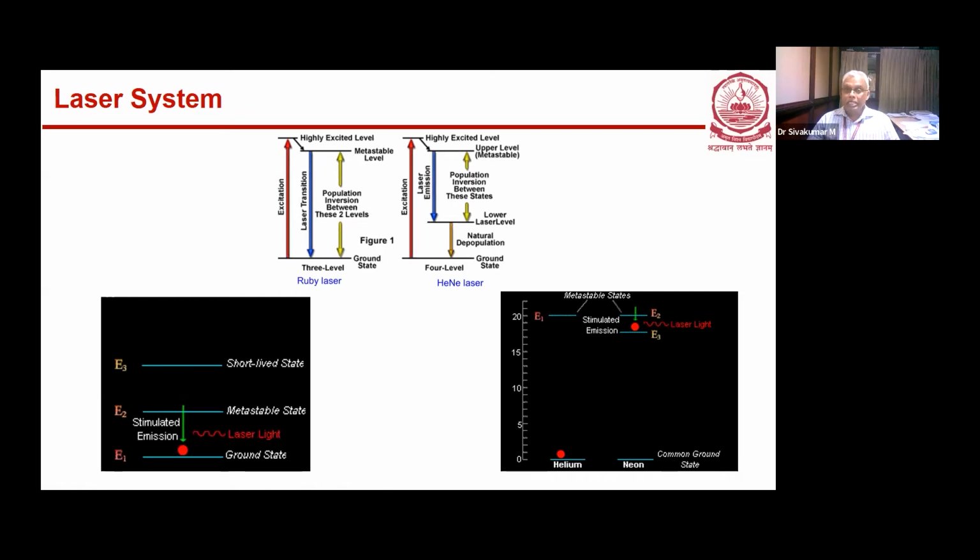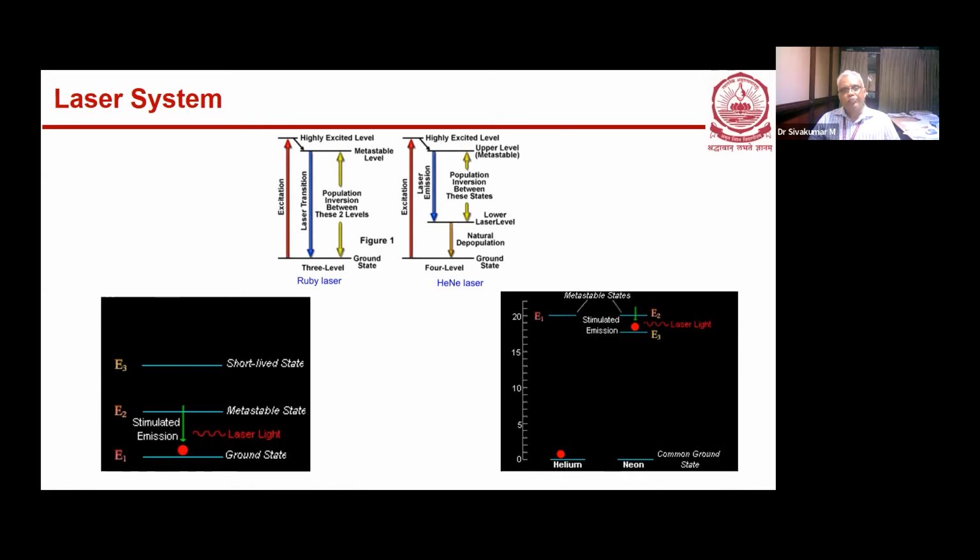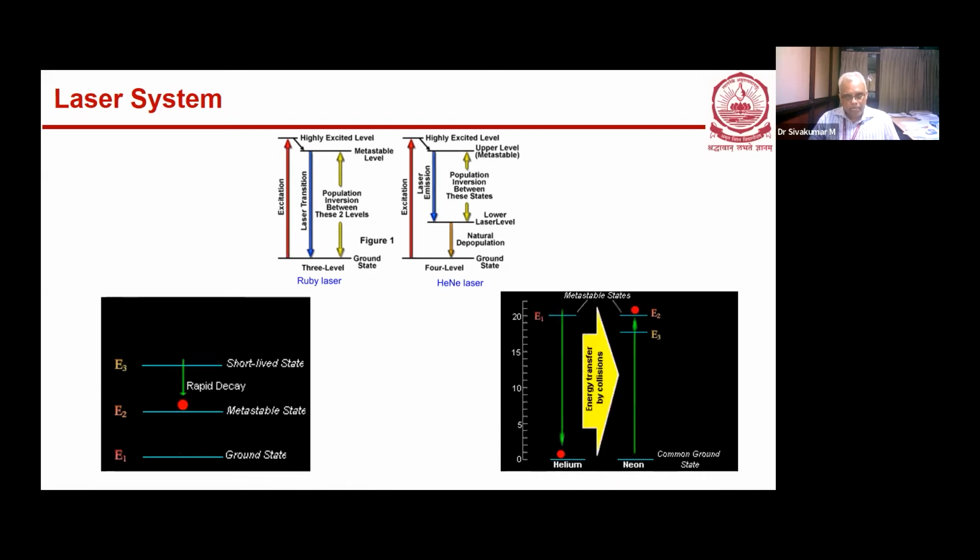But laser is light amplification: the photons have to be amplified, so one photon has to be amplified to 1,000 photons. For that, the atom should stay in the excited level for some more time, but naturally that is not possible with two levels. So with two levels, laser action cannot be possible.